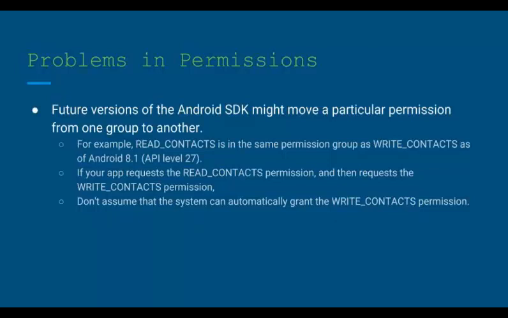Request the write contacts permission separately instead of assuming they are grouped together, because sometimes the Android SDK changes the permission grouping. So ask for the permission you need specifically, even if it will be kind of repeated. Read contacts alone and write contacts alone.